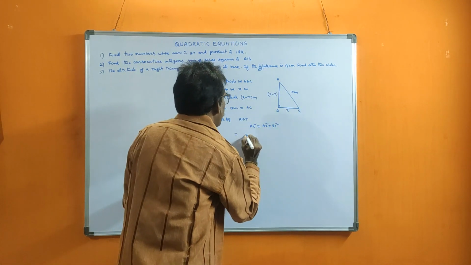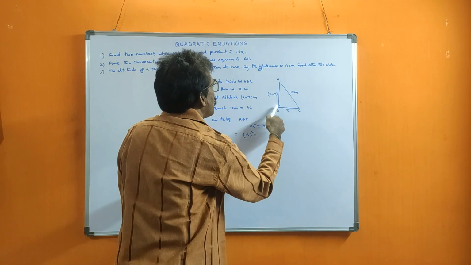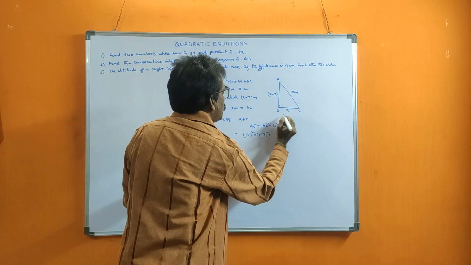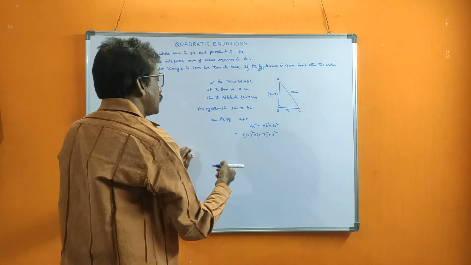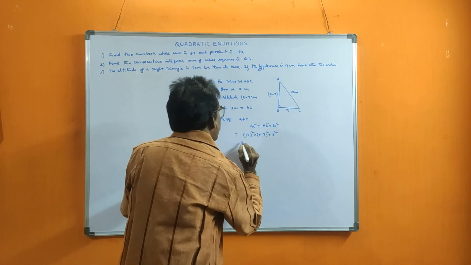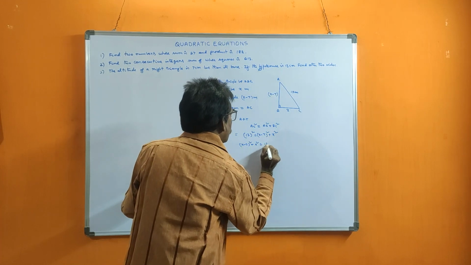AC is 13, so 13 square is equal to AB, which is x minus 7 whole square, plus BC, which is x square. We will get the equation. First you write this side: x minus 7 whole square plus x square is equal to 13 square.